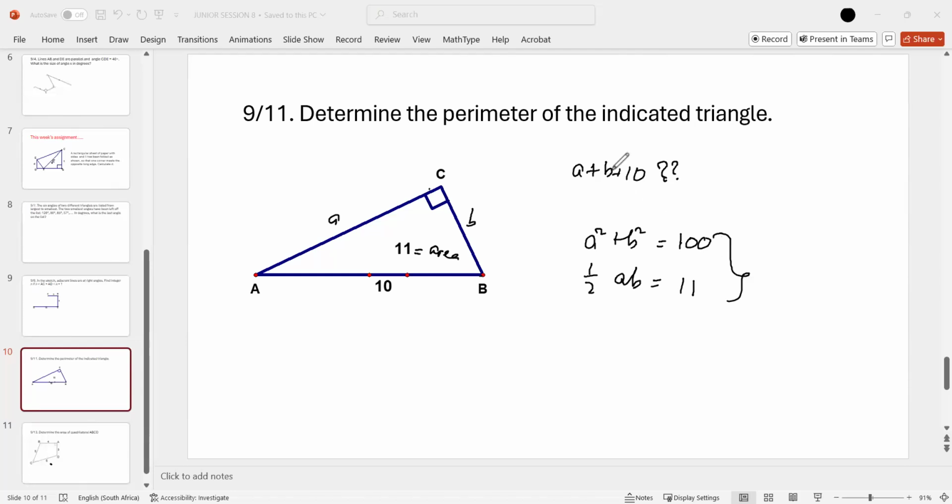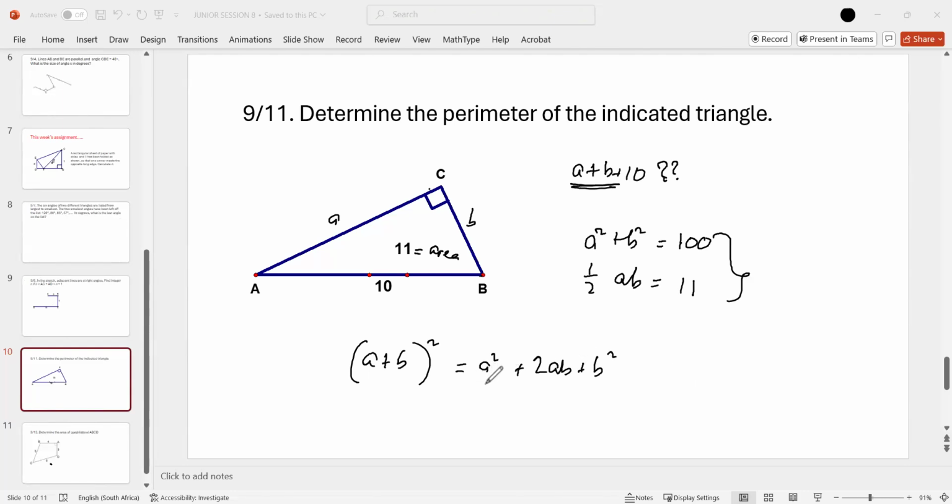The thing about that is that you're not asked to calculate A and B. You're asked to calculate A plus B. Then I'll know the answer. So I need to calculate A plus B. Now, is A plus B connected with these? Well, there's A squared plus B squared. So, yes, it is connected, but I have to square it. Then you have A plus B all squared. Hopefully you know what that is: A squared plus 2AB plus B squared.